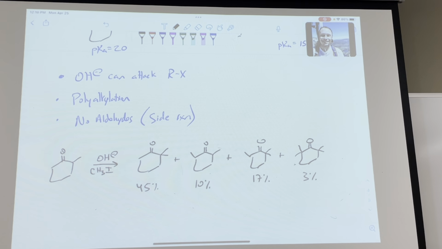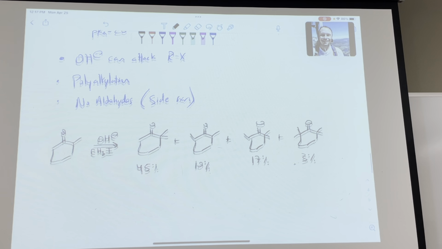What you'll notice first is that it doesn't even add up to 100%. Because, as I said, a lot of your electrophile is going to get attacked by the base. So that just takes it right out of the equation. But the products that you do get are a lot of different products, and no really good yield of any single one. So again, not the way you want to do this reaction.